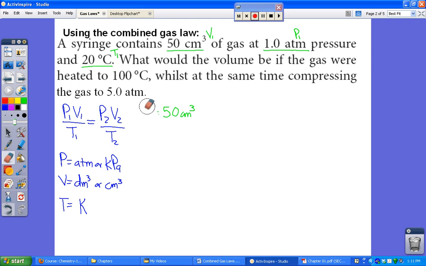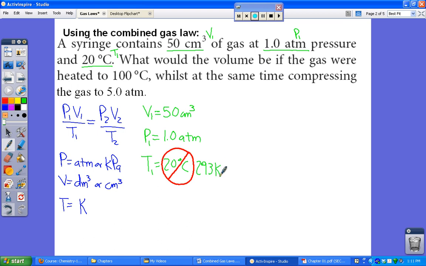That would be V1. P1 is 1.0 atmospheres, and T1 is 20 degrees Celsius, except that it's not, because we do not use degrees Celsius when we're solving gas law problems. Instead, we add 273 degrees, so that brings us to 293 K.